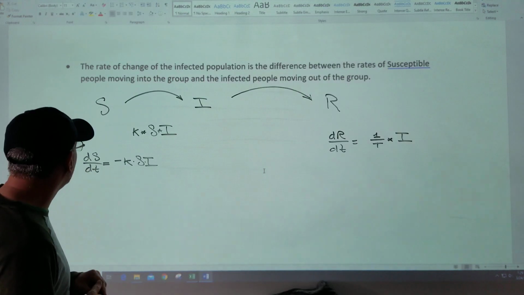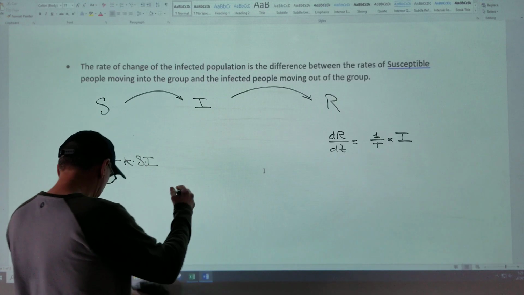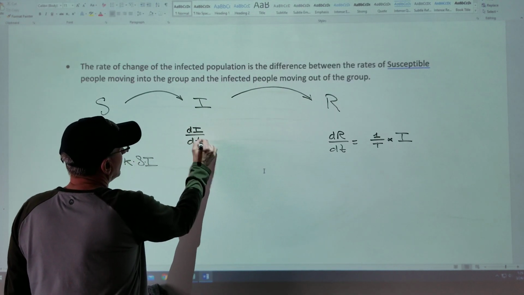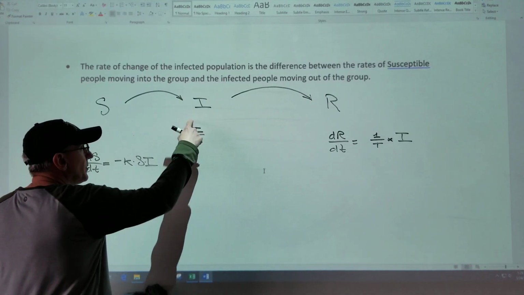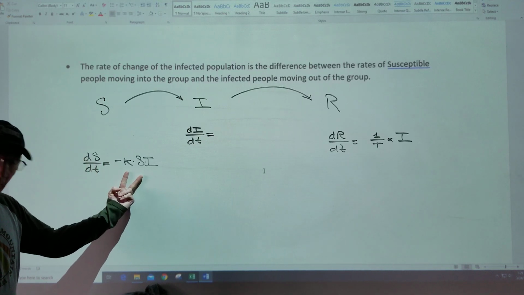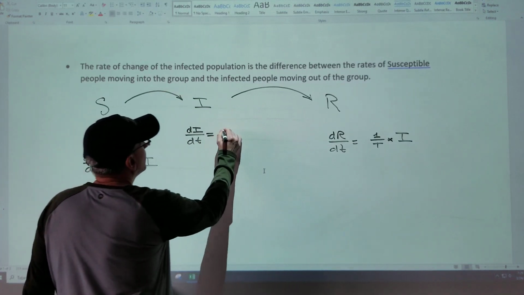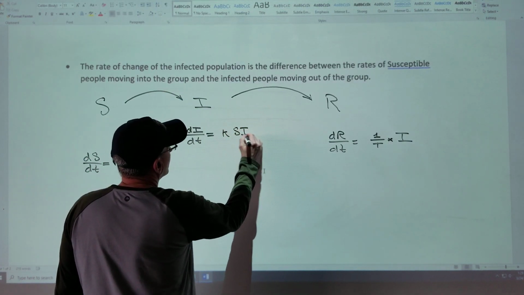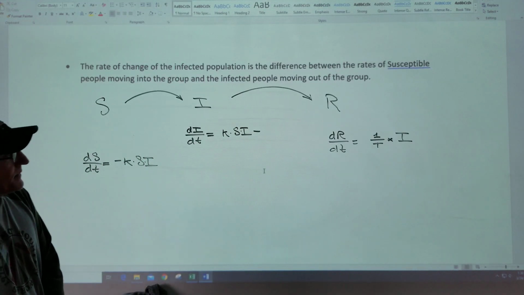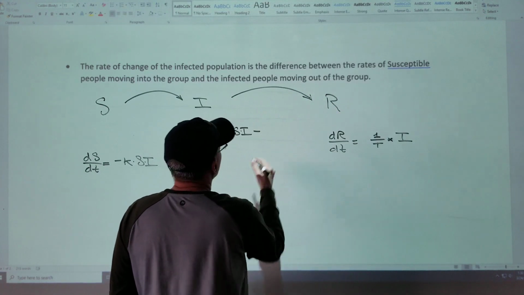So here is the rate of change of the infected group in people per day. It is this without the negative, because these people subtracted here are added there. So it's k S I, and then minus the rate of change at which people are added to the removed group.